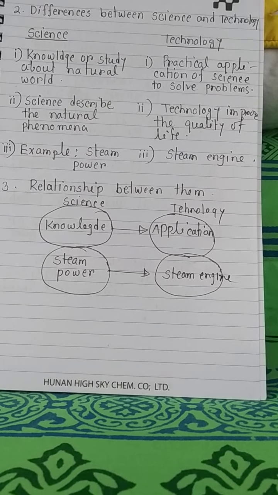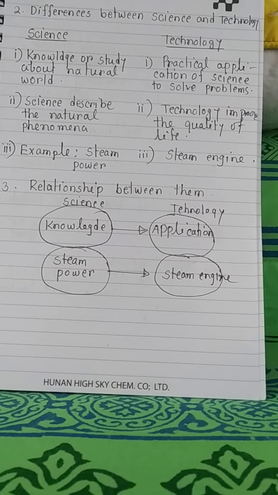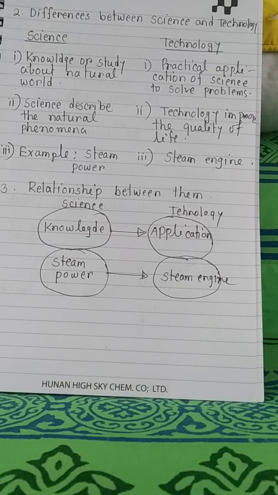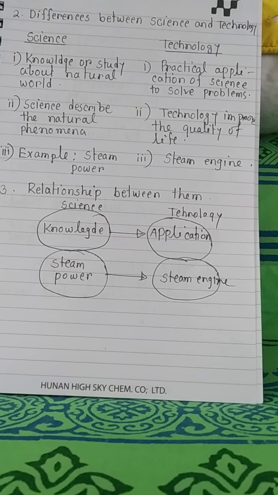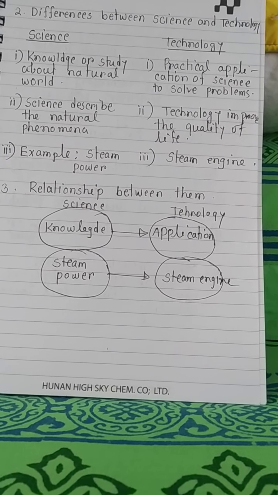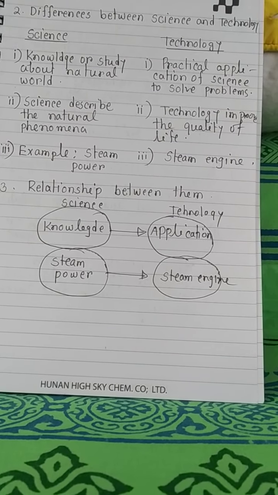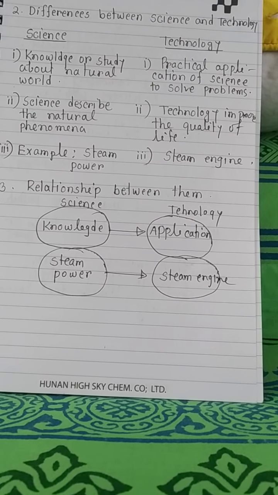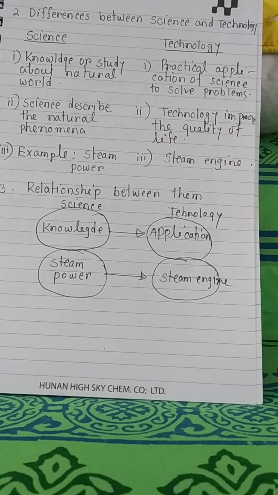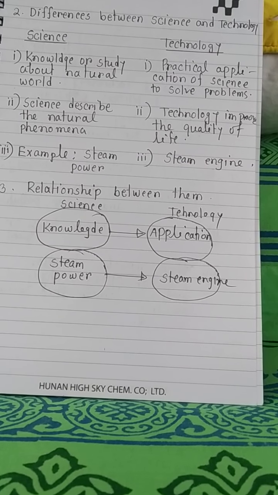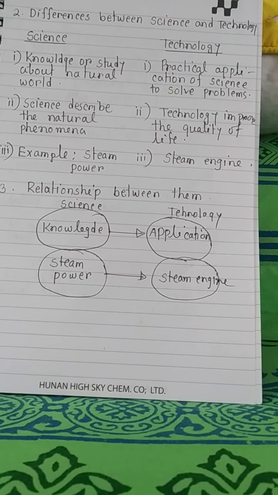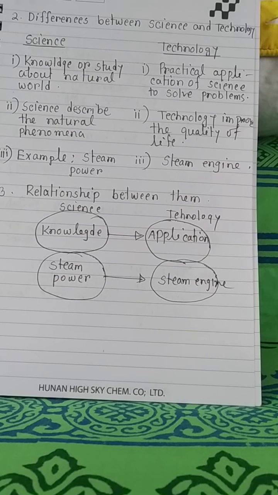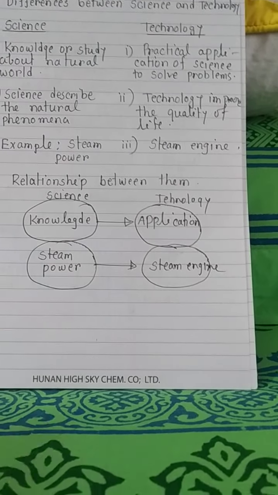Without science, technology is nothing, and without technology, science is nothing. That means science is the study and technology is the application of it. So we get knowledge from science and technology makes it happen. Again we get the same example here, steam power and steam engine. That means steam power is the study of science, and the steam engine is the application of steam power.